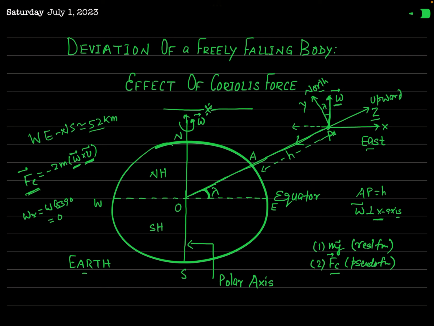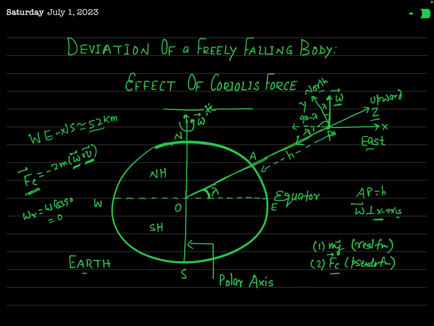Now see the geometry of this figure. Since this angle is lambda, from geometry you can see this angle will also be equal to lambda, which I am marking in the figure. Then, as the y-axis is perpendicular to the x-axis, this angle will be 90 minus lambda.